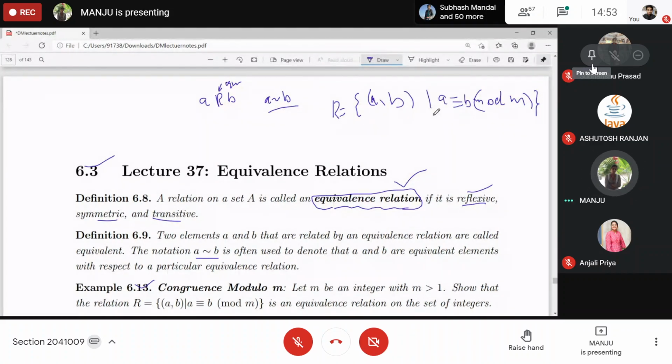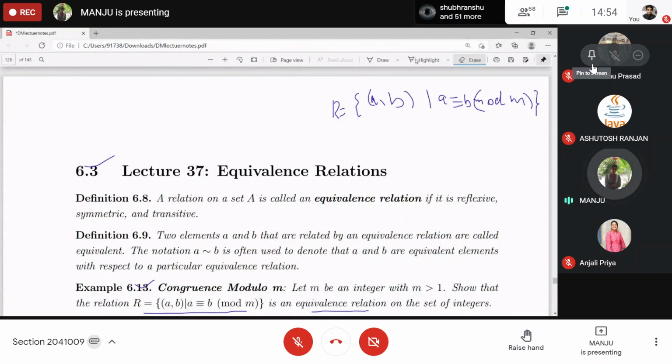This is your congruence modulo M relation. You want to check whether it is an equivalence relation on the set of integers, meaning A and B come from the integers. So what do you check? Reflexivity, symmetry, and transitivity.